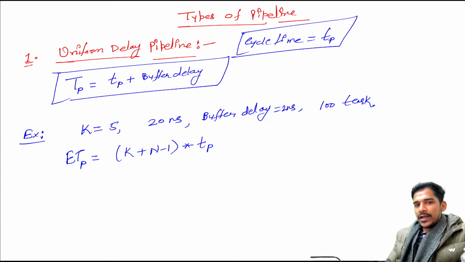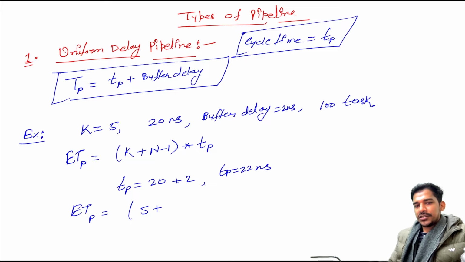In case of uniform delay pipelining, TP will be simply the cycle time given, that is 20 nanoseconds, plus the buffer delay, so TP will be 22 nanoseconds. So execution time will be (5 plus 100 minus 1) into 22, or 104 into 22, which is 2288 nanoseconds.